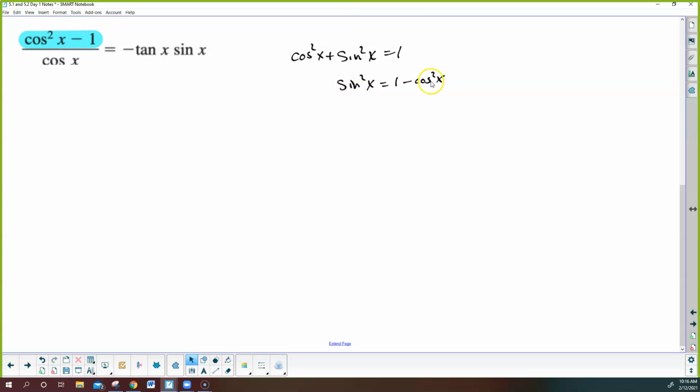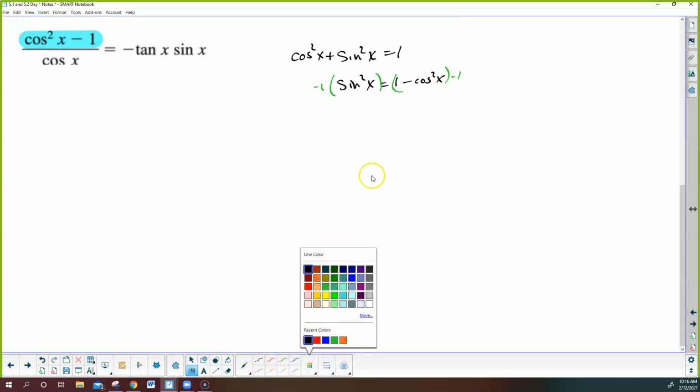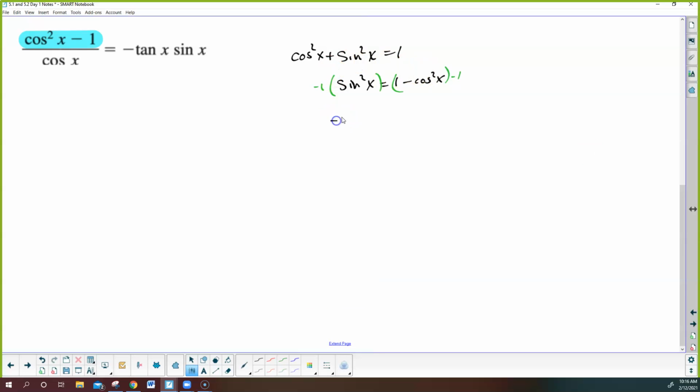If I subtract the cosine over, I have a negative cosine and I have a positive one. I have the opposite of that. So what we can do then is you can actually multiply both sides by a negative 1. Okay? Algebraically, that makes sense as long as I do the same thing to both sides. So this is another type of algebraic manipulation.